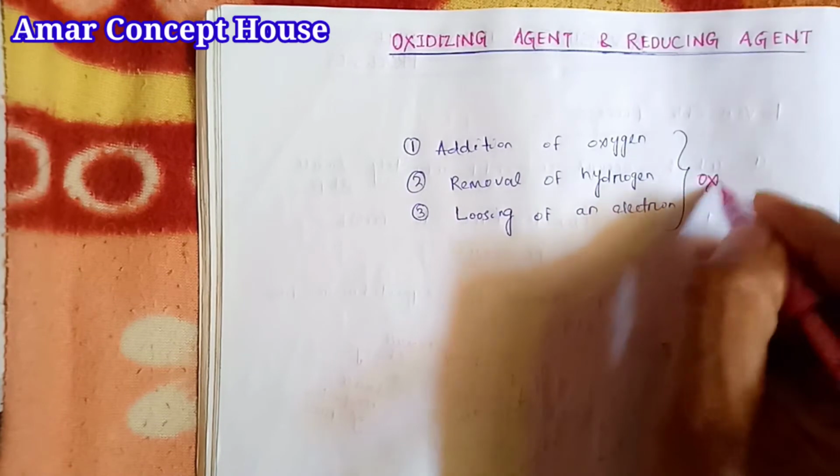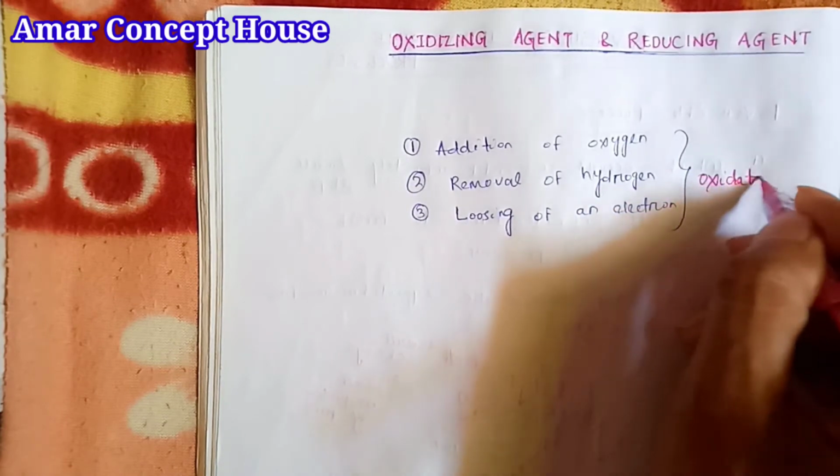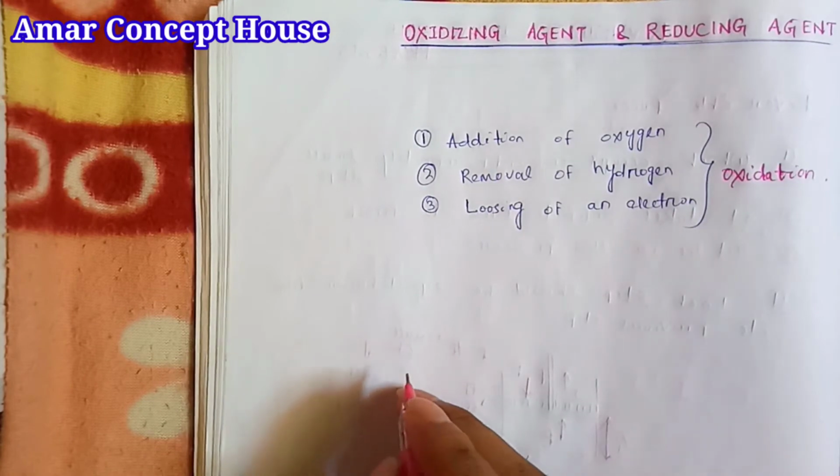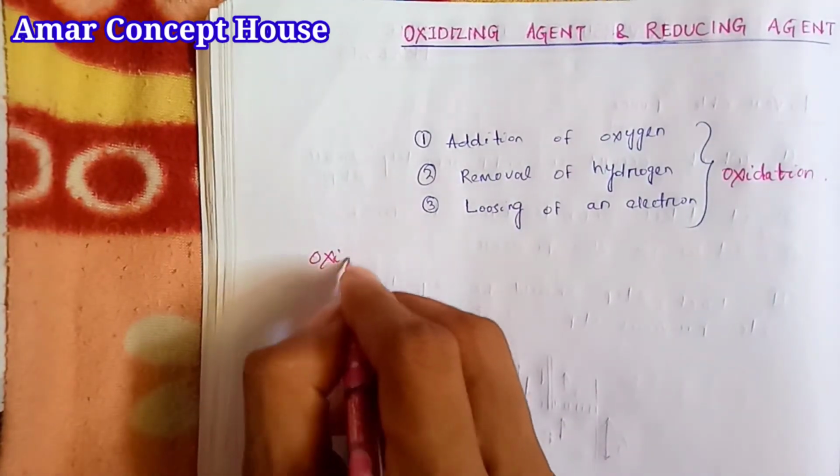So you should remember these 3 points for oxidation. Now let's come to know about the oxidizing agent first.